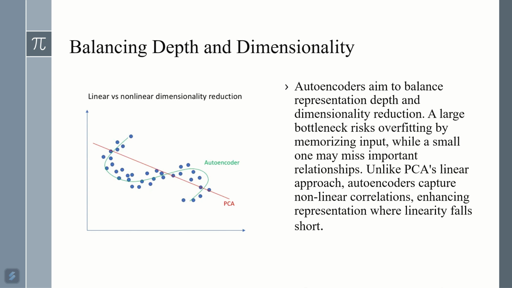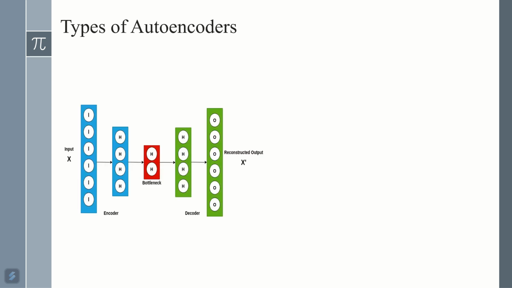Unlike other methods like principal component analysis (PCA), which take a linear approach to dimensionality reduction, autoencoders are like detectives who can go beyond straight lines. They can capture non-linear patterns and correlations in the data, which makes them more powerful in cases where linear methods fall short.